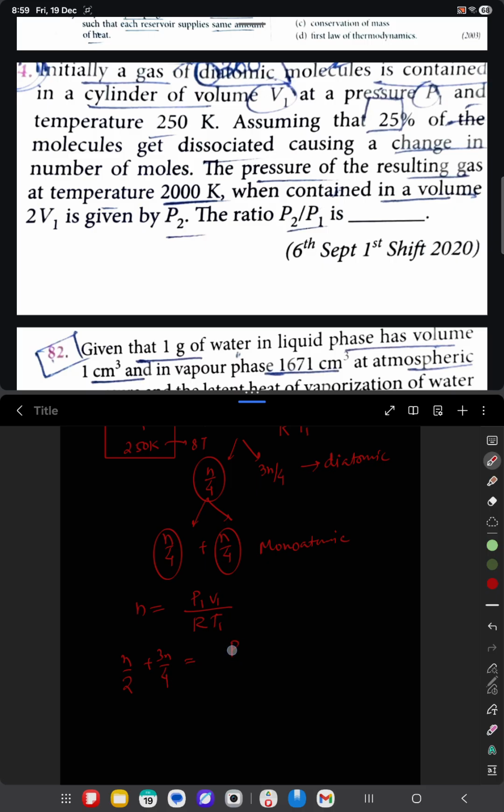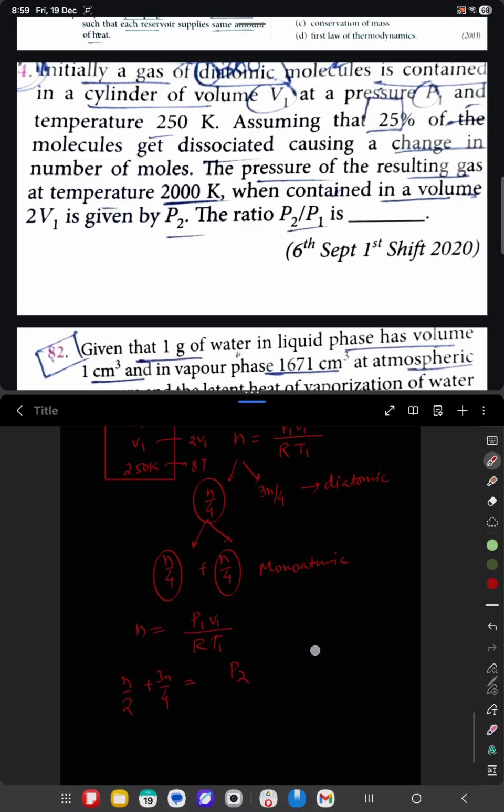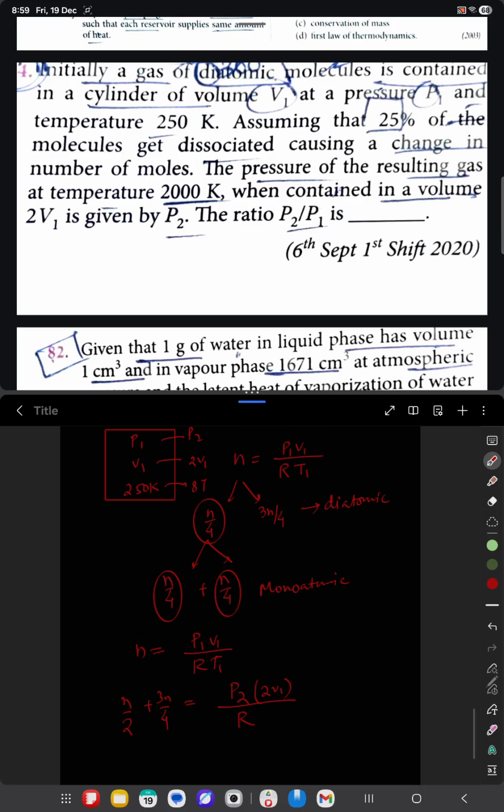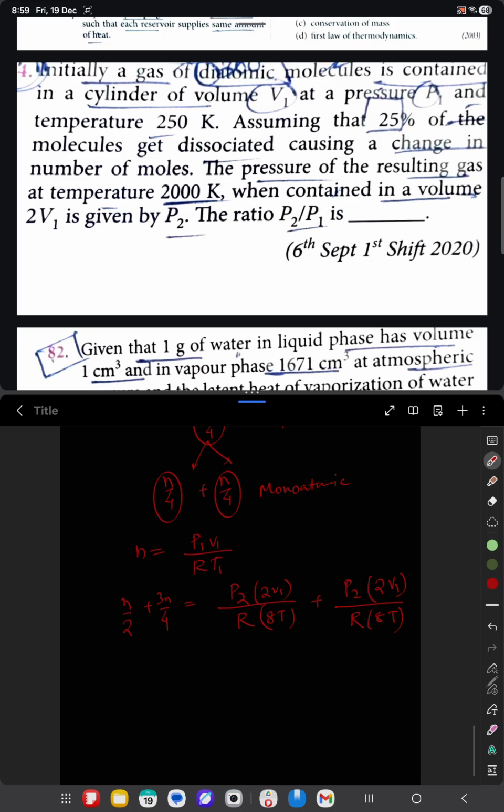P1 is P2, V1 is V2, V2 means 2V1, R is R, and T1 is 80 plus P2 into 2V1 R into 80. If you solve these two, you will be getting P2 by P1 equal to 5.